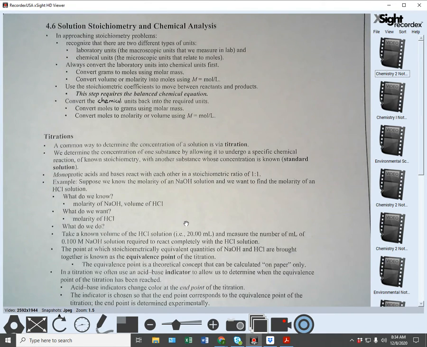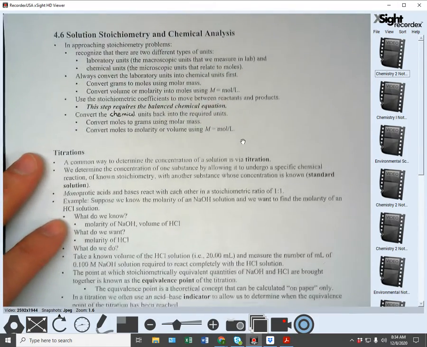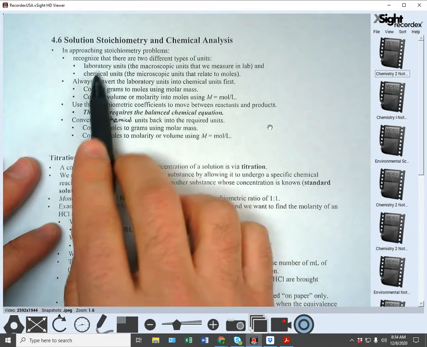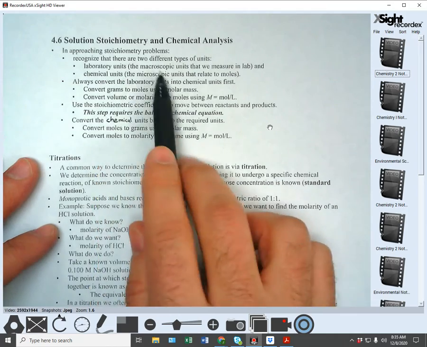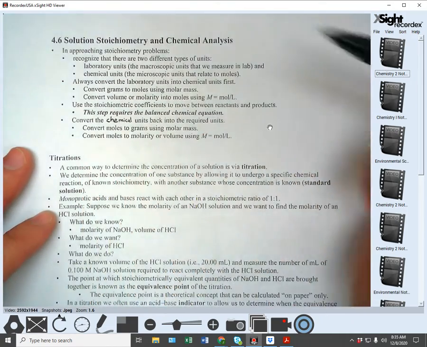All right. So it talks about stoichiometry problems in general, which we've already done in Chem 1 and stuff like that. There are two different types of units. There's laboratory units and there's chemical units. Lab units are the macroscopic units that we measure in a lab.